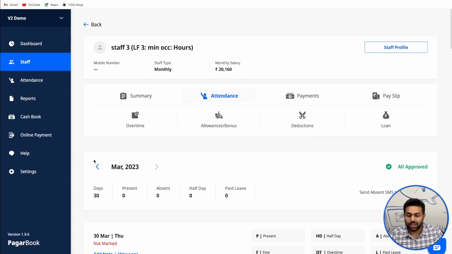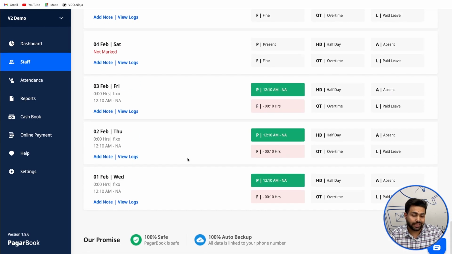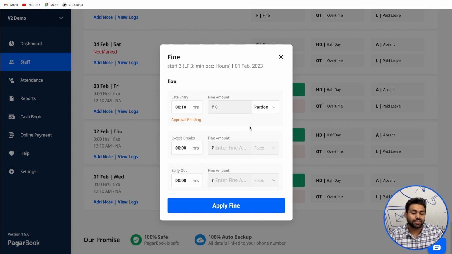So now let's set this rule and let's observe the pattern. So for this staff, where hours or time was 20 minutes, let us assume here on 1st Feb staff comes late by 10 minutes. So here 10 minutes is under 20 minutes, so the fine is pardoned, no amount charged.